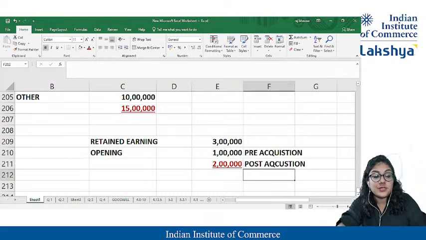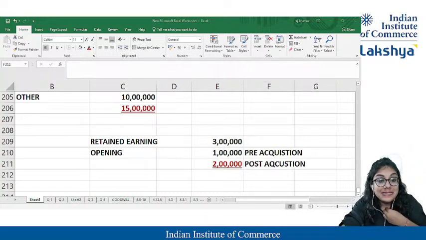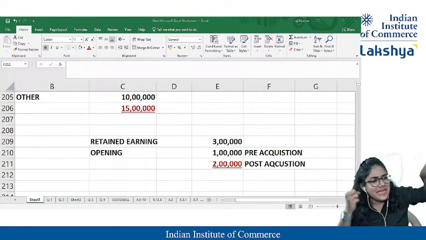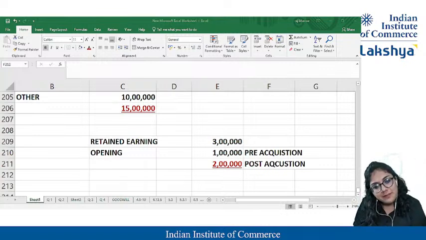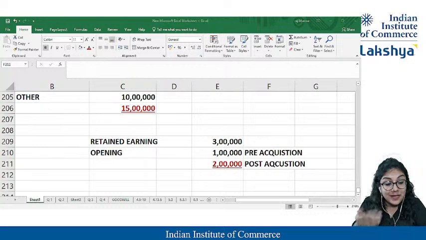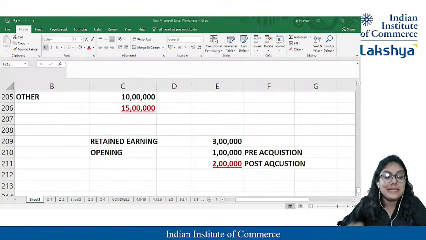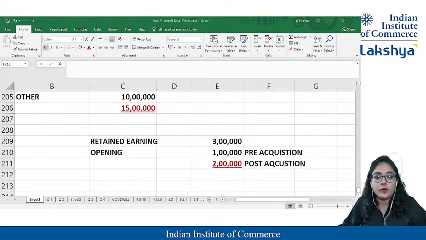For post-acquisition profit, the parent is also going to earn something. The parent will have its own profit, and their share we will add, the total of the parent's and subsidiary's profit. But before I acquired my subsidiary company, they already had profit.